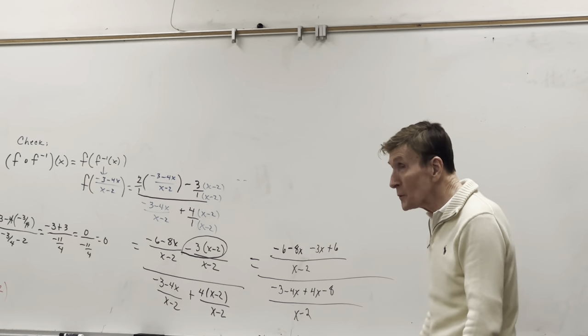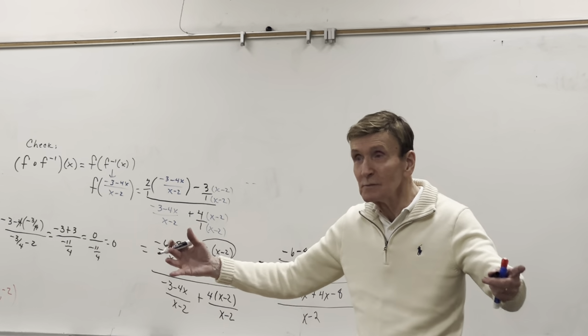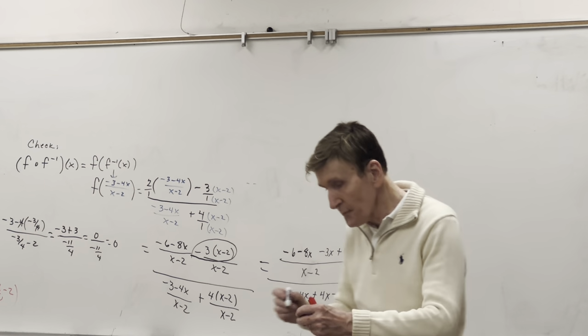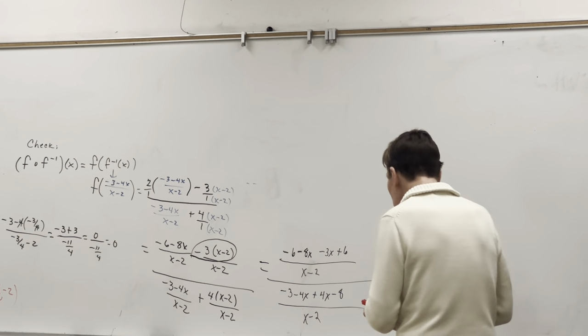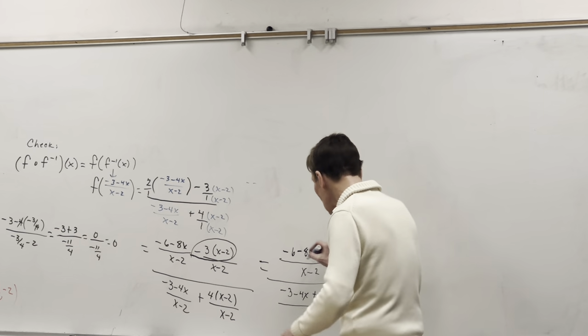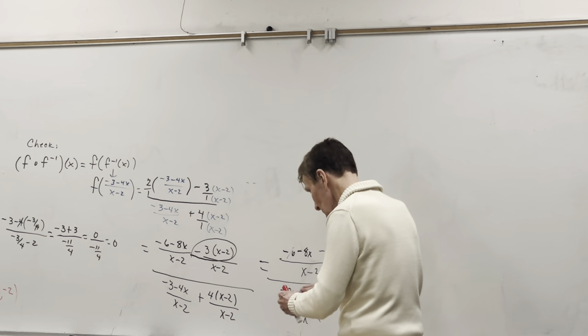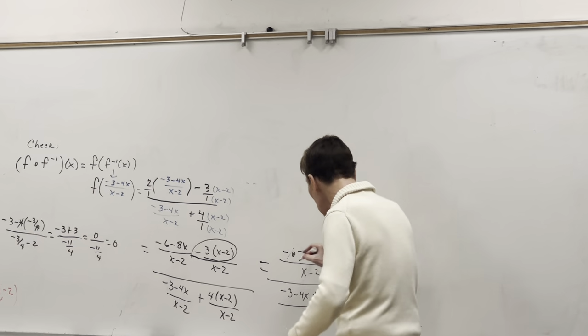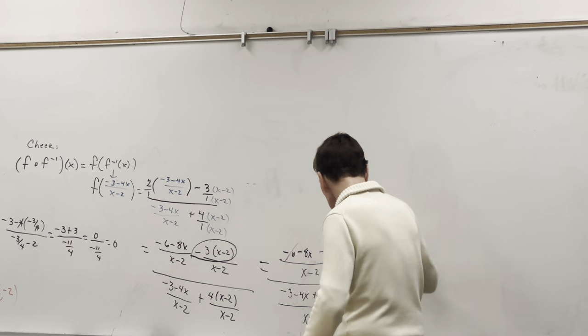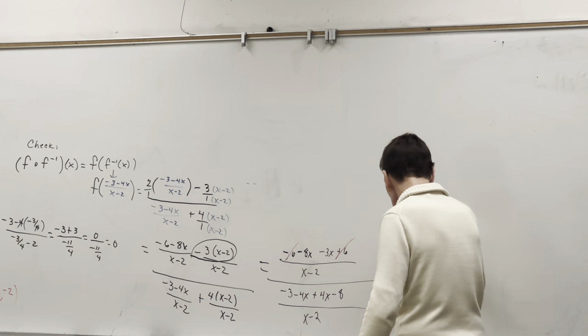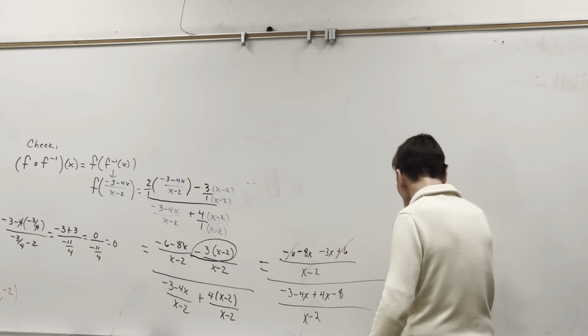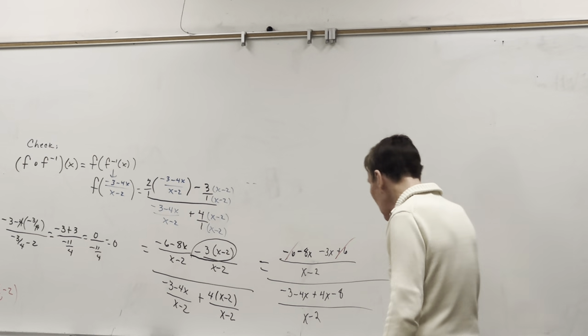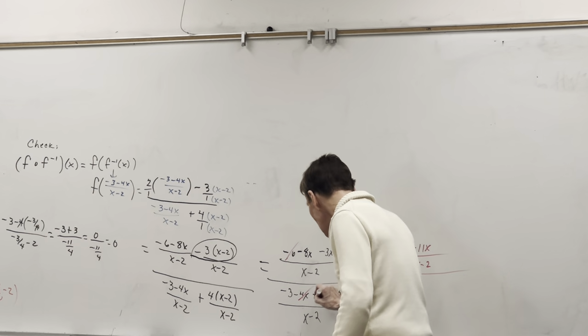Woo! We're still hoping that mess is x. A simple answer, x. Going back to the top, these two will cancel. These two will cancel. At this point, I have a -11x over x subtract 2. That's the top. Down here, I see these will cancel.